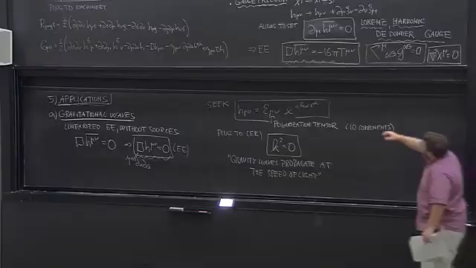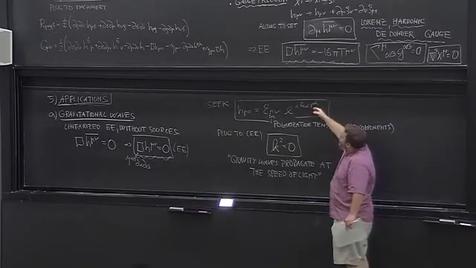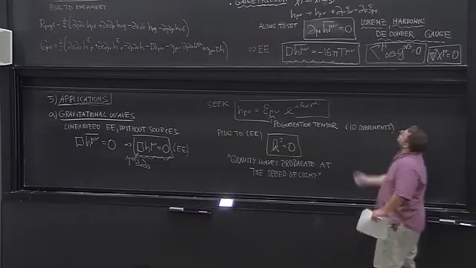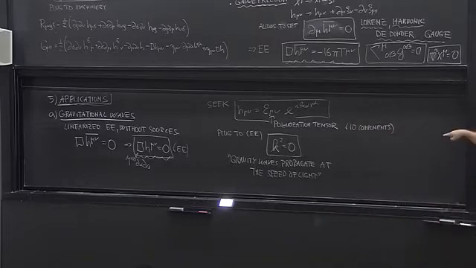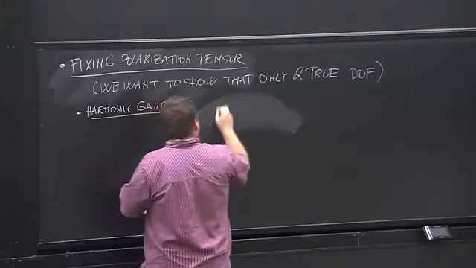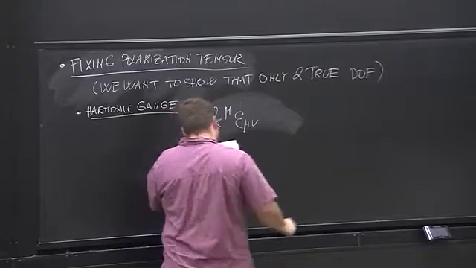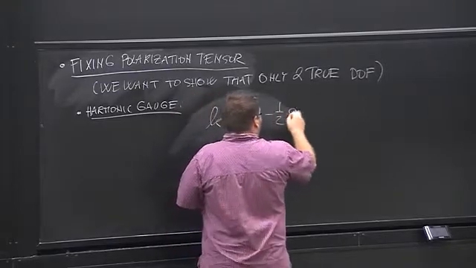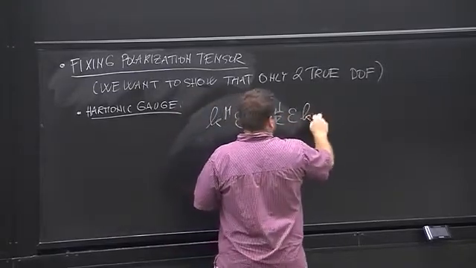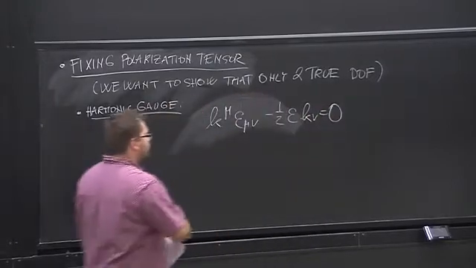So the difference is that here I have h_{μν}, and there I have h̄_{μν}. So I have to write my h_{μν} in terms of h̄_{μν}, and then minus 1/2 h̄ η_{μν}. And so the condition which you get is k_μ ε^{μν} minus 1/2 ε k^ν equals 0.